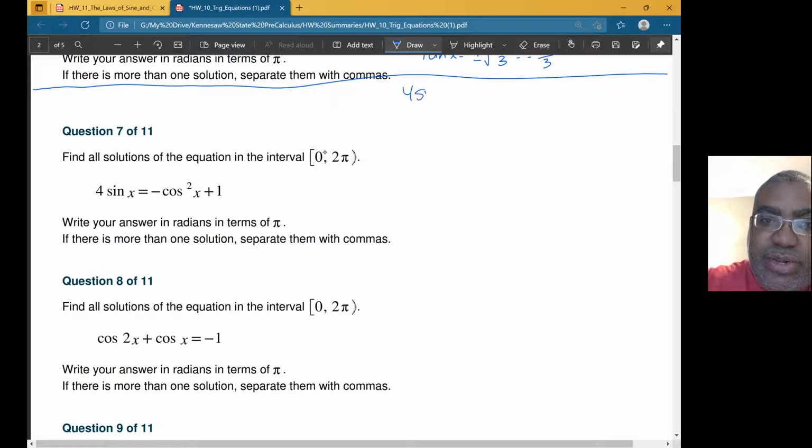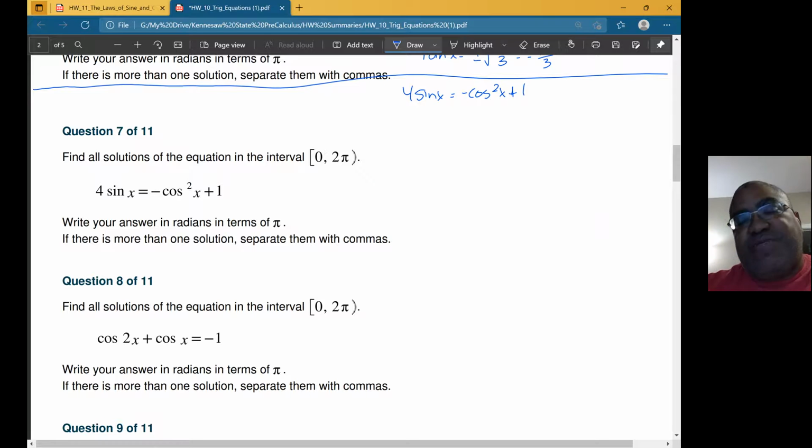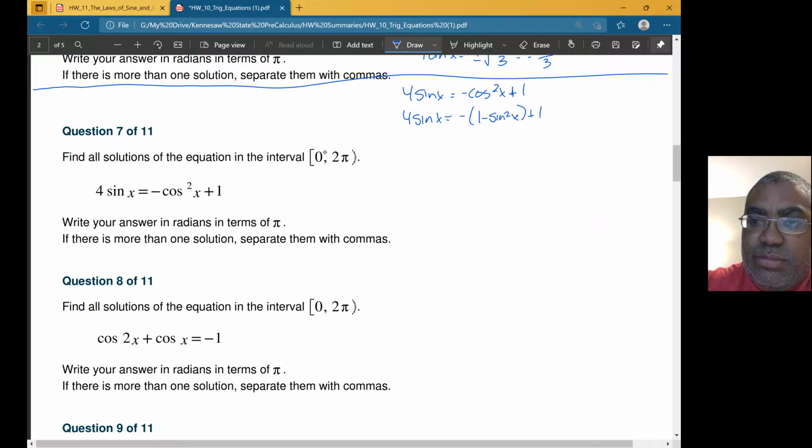Now we would like everything to be in terms of sine and cosine. So we're going to put everything in terms of sine because it's easier. So 4 sine x is equal to negative cosine squared x, where cosine squared x is 1 minus sine squared x, plus 1.